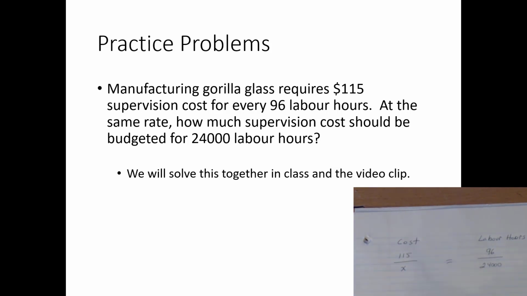This is just one way of doing it. I find it's easy. After that, we've got this pesky little fraction, and we cross multiply. We get 96x equals 115 times 24,000. We multiply that all through, and then we're able to solve for x.